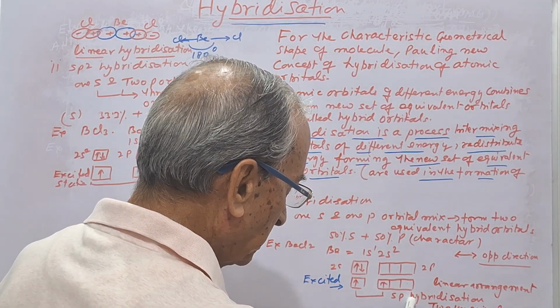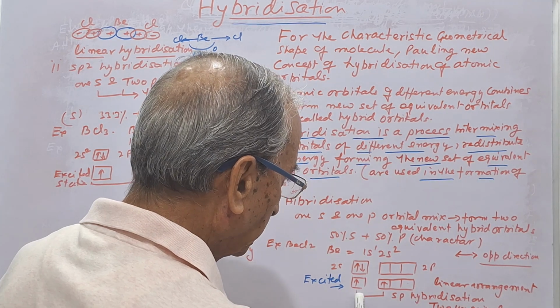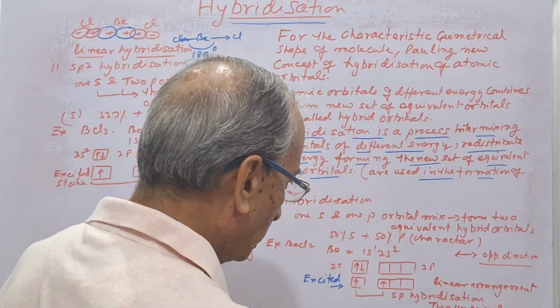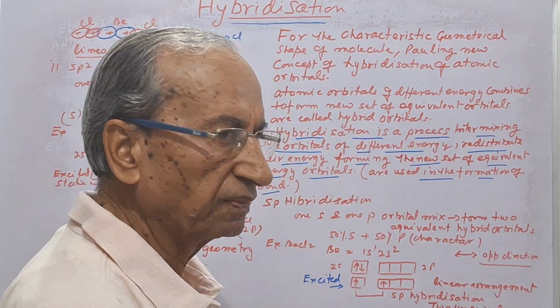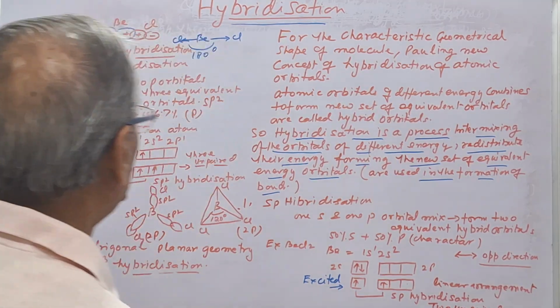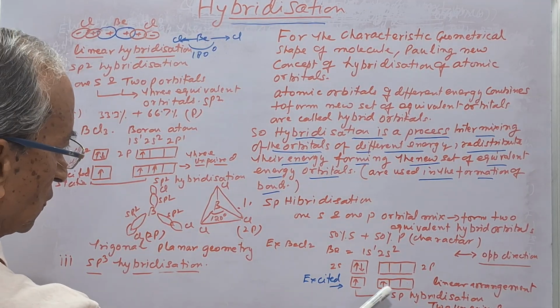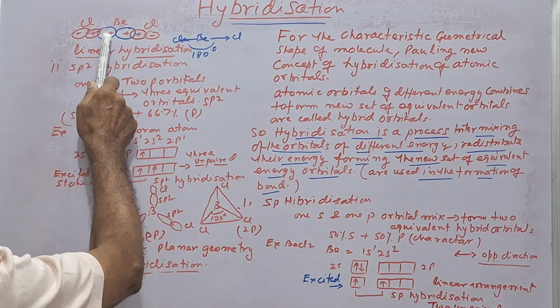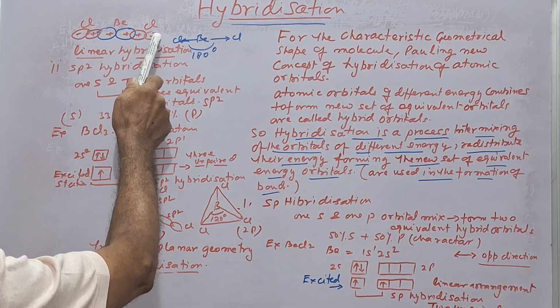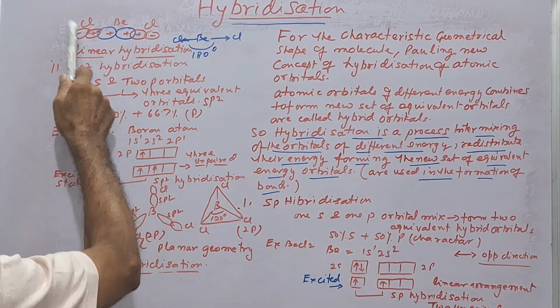They hybridize to form two sp orbitals of the same energy. Now these two orbitals of beryllium overlap with the p orbitals of the chlorine.